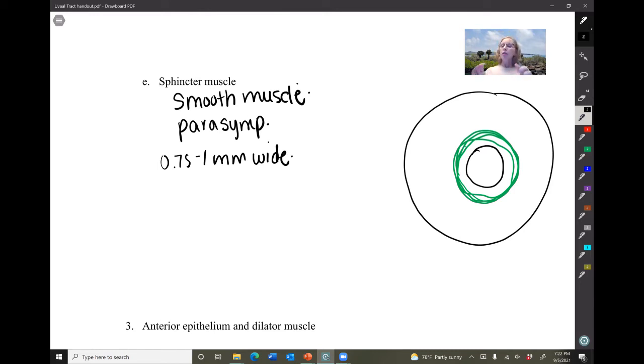I want you to also picture what happens if this round muscle contracts. That round muscle is going to get smaller if the muscle contracts, and therefore the pupil will get smaller. So contraction of the sphincter muscle will cause miosis.